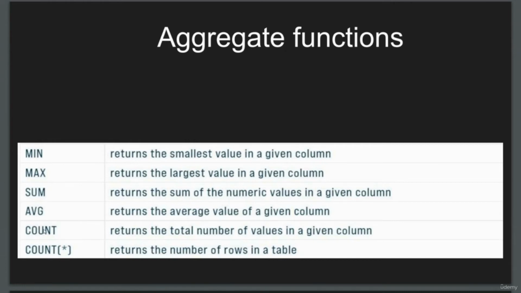Then we have count. Count generally returns the total number of values in a given column. So it will give us the total number of items that are present in the column. And count star generally returns the number of rows in a table.